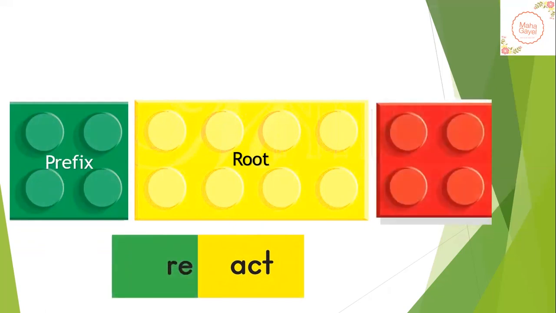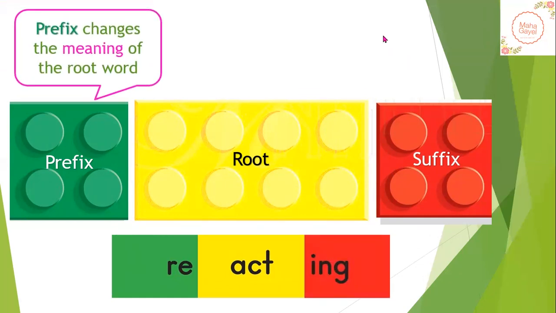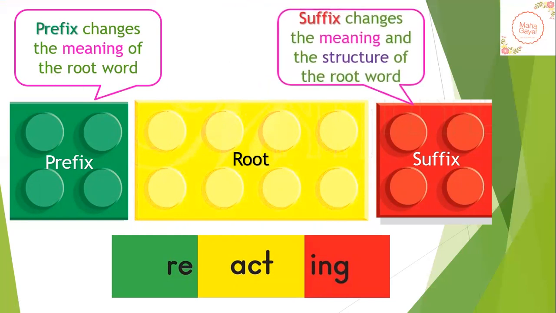And finally, if I add another group of letters or a letter at the end of the root word, this is what I call a suffix. For example, reacting. So now we must know that a prefix changes the meaning of the root word, and the suffix changes the meaning and the structure of the root word.